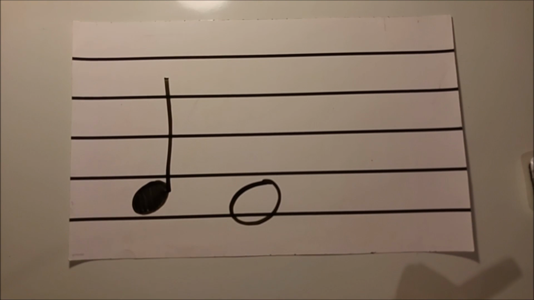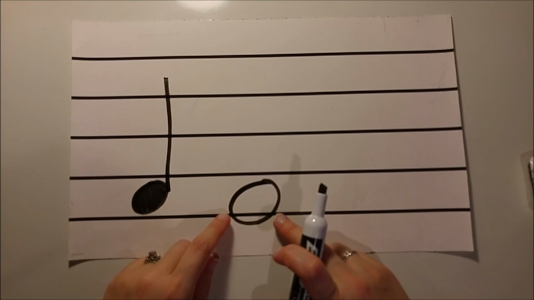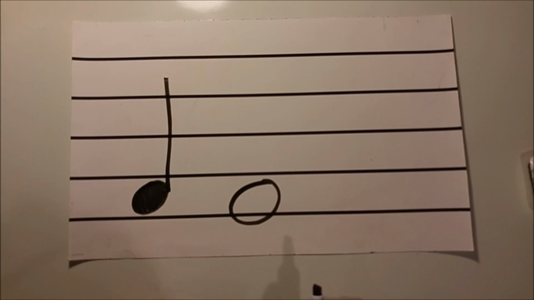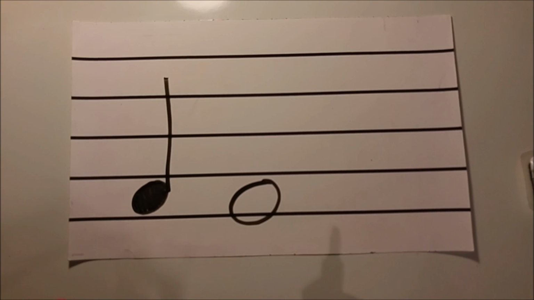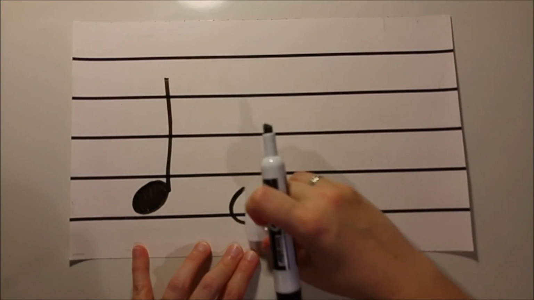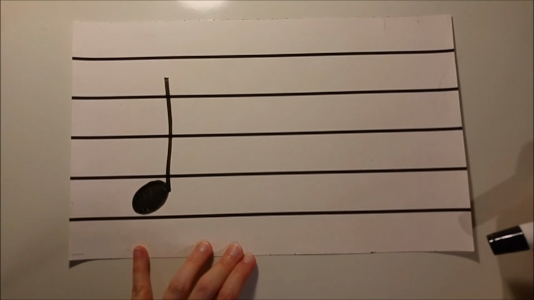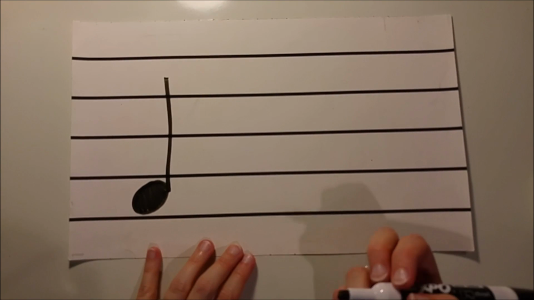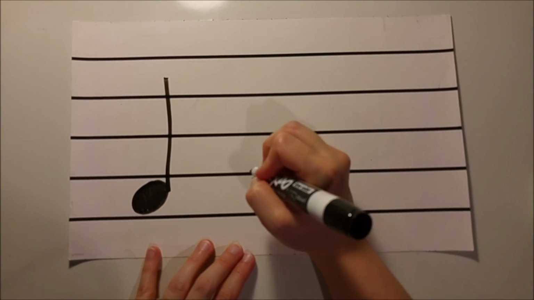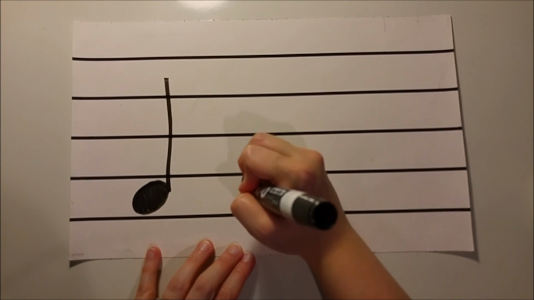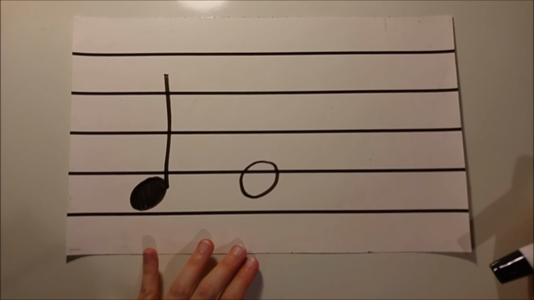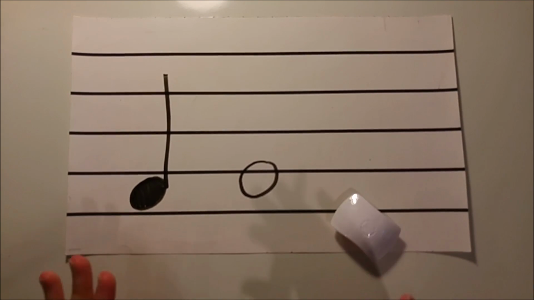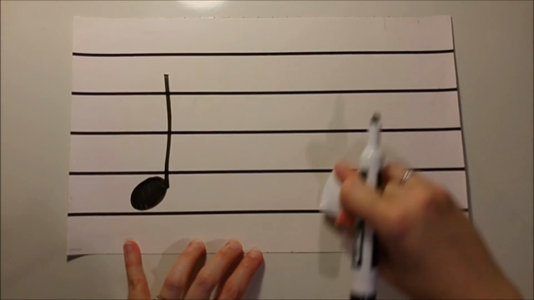This one's too big, or it's not quite in the space. See how it overlaps that? Someone might look at this and say, is that supposed to be a space note, or is that supposed to be a line note? So always make sure your notes are in those spaces. Same thing if it's supposed to be a line note and you make it too big, too fat, it's also kind of ambiguous, not quite sure where that's supposed to be.